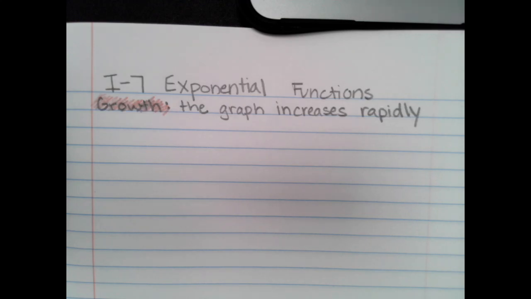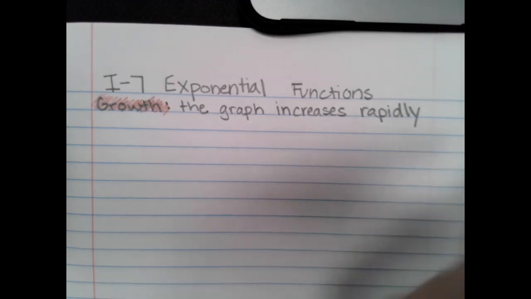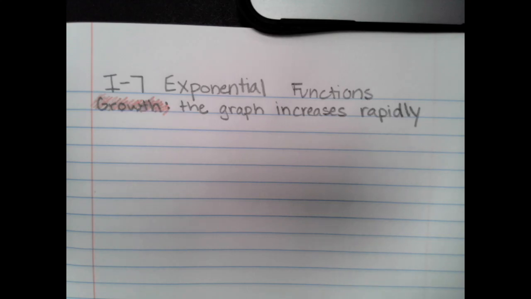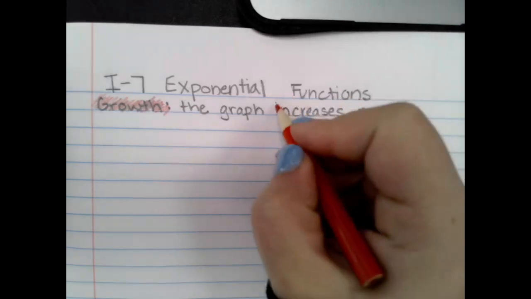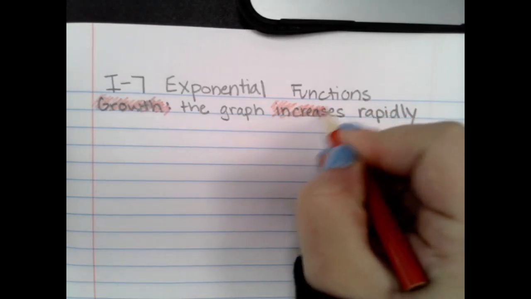All right, so as we take a look at growth, what word in our definition here would indicate to us that this is growth? Yeah, increase. Okay, so increases rapidly.